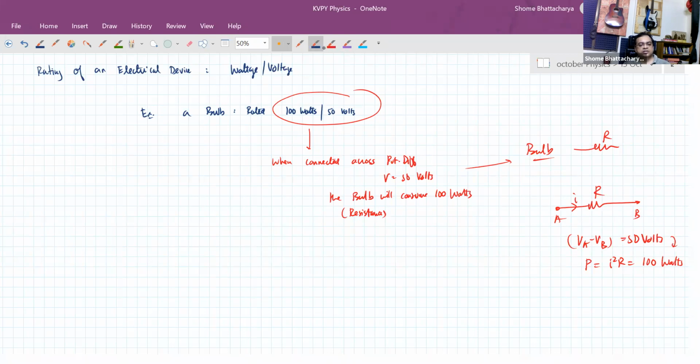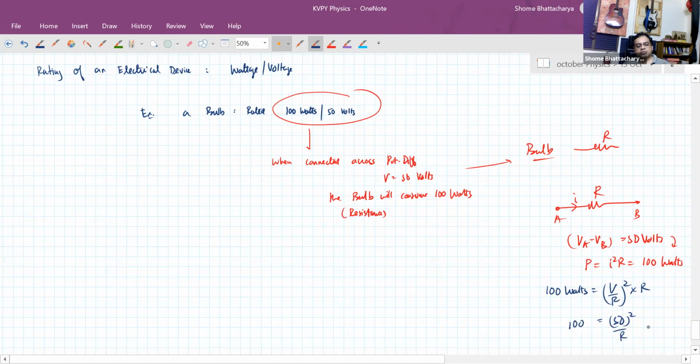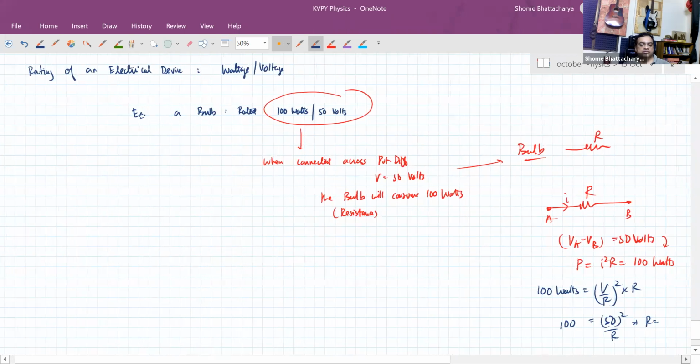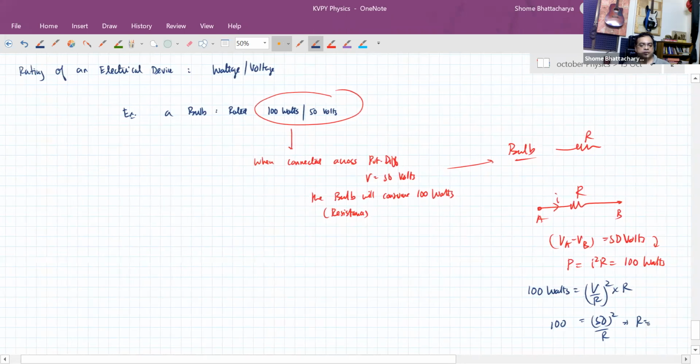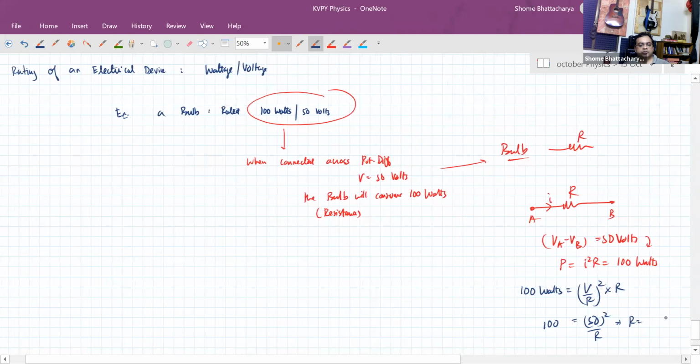Okay. So now you can see that 100 watts, which is the power, will be equal to this potential difference divided by R whole square into R, I square R, this statement. So basically it's equal to 50 square divided by R is equal to 100. So this is telling me indirectly that the resistance is equal to 50 square divided by 100. That is 25 ohms.